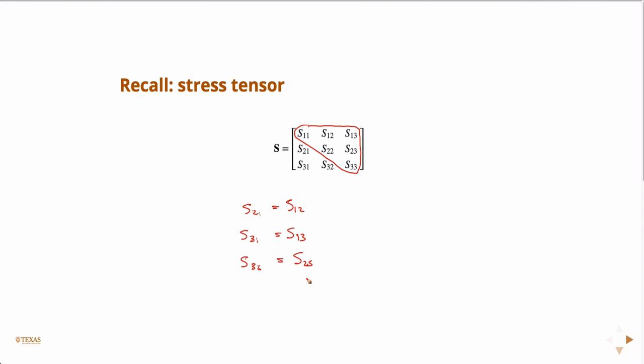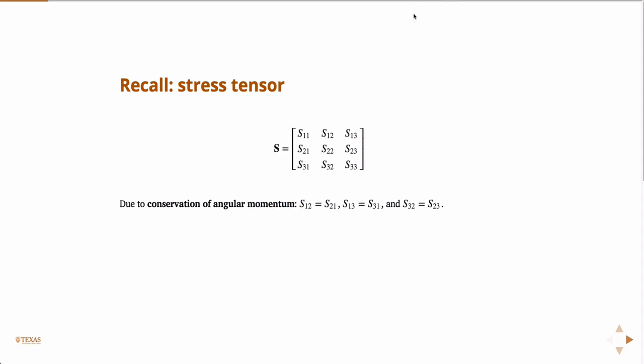All right, so that makes it easier. We went from 9 entries down to 6 unique entries because of the symmetry. And so yeah, there's the more collapsed stress tensor where I have the correct off-diagonal entries.